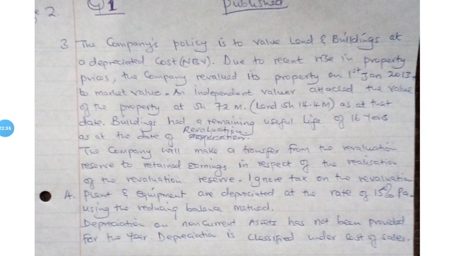So it is appreciated from 38,400 to 57,600. After revaluation, but before depreciation for the year. After revaluation, the value of our buildings was 57,600, but that is before depreciation.